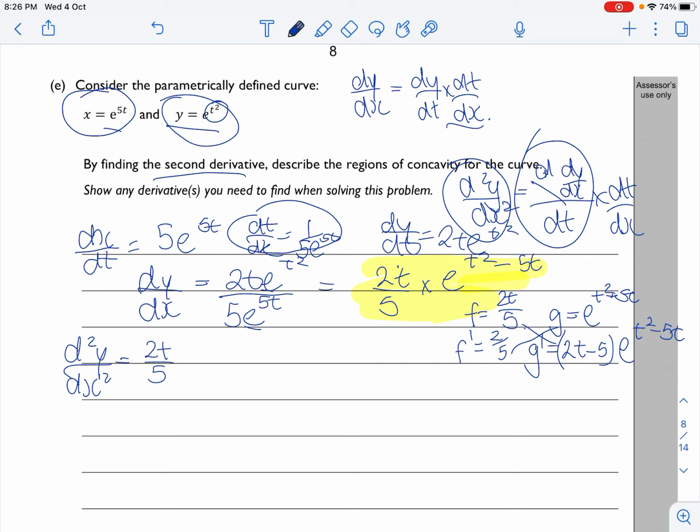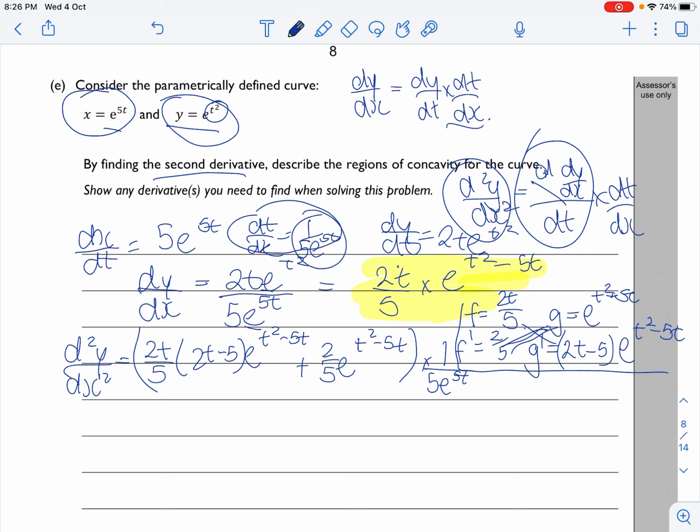And we're going to times that by 2t minus 5 e to the t squared minus 5t, plus the other way, so g times f dash, 2/5 e to the t squared minus 5t, and then we're going to multiply that all by dt by dx, which is 1 over 5e to the 5t.